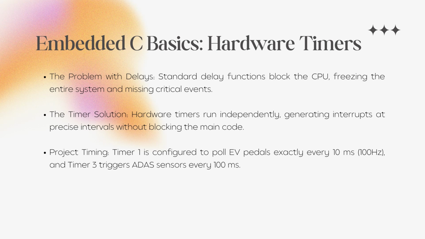In standard C programming, you might use a delay function to pause the system. However, in an embedded system, a delay entirely blocks the CPU, meaning the car could not sense a sudden obstacle while waiting. Instead, we use hardware timers. By configuring the timer's prescaler and auto-reload registers, we can divide the 72 MHz clock to generate an interrupt at an exact frequency.